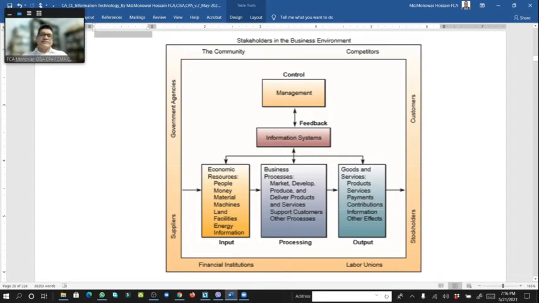So these all are the stakeholders of the business. Stakeholders are our supplier, labor union, customer, financial institute, bank, government agency, our community, our competitor, all are stakeholders. So he is saying that these are the stakeholders in the business environment. This is our business environment, and all are stakeholders within the business.